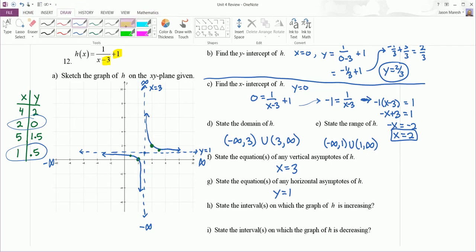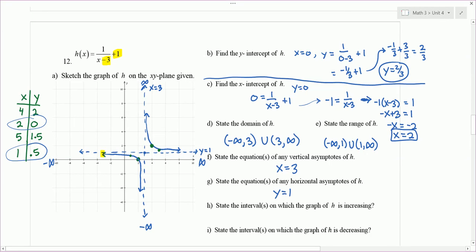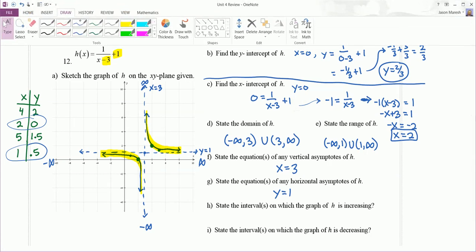So if I trace this graph from left to right, you see it's dropping, so it's decreasing here. And then again, if I trace the other part from left to right, it's still decreasing. So this graph is decreasing everywhere, and it's increasing nowhere.